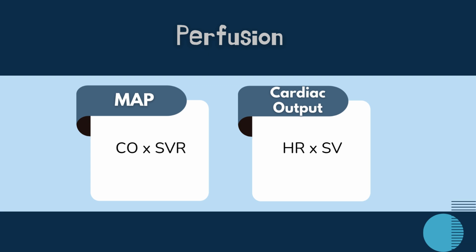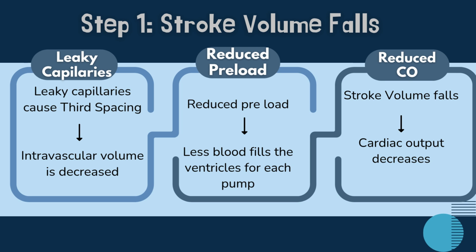So let's dive a little further as to why perfusion fails. To understand this, we have to break this down into the components of mean arterial pressure. Let's remember this. Mean arterial pressure equals cardiac output times systemic vascular resistance. And what does cardiac output equal? It equals heart rate times stroke volume. So in septic shock, stroke volume falls because of the cytokine response.